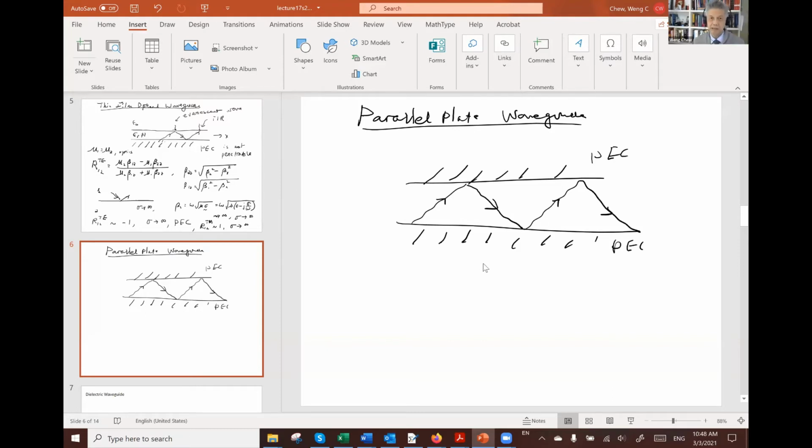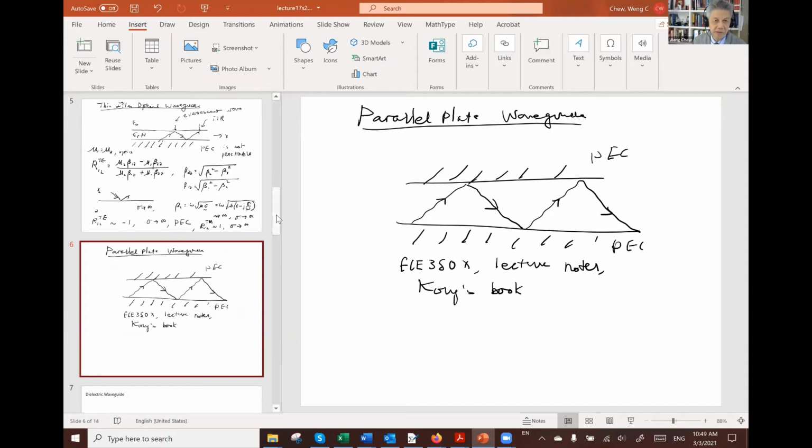And the wave can bounce back and forth between these two parallel plates, and the wave can get guided. You can read either the 350X lecture notes or Kong's book on this. Okay, are there any questions regarding this?